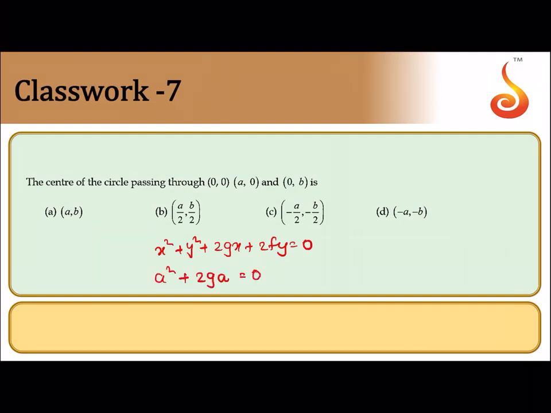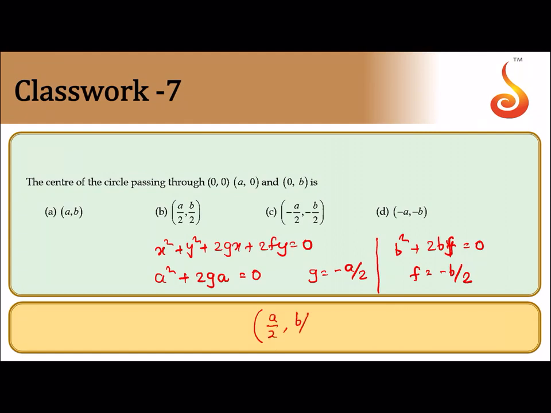So a square plus 2ga is equal to 0. So from this we get g is equal to minus a by 2. Similarly, passes through 0, b. So b square plus 2bf is equal to 0. So f is equal to minus b by 2.